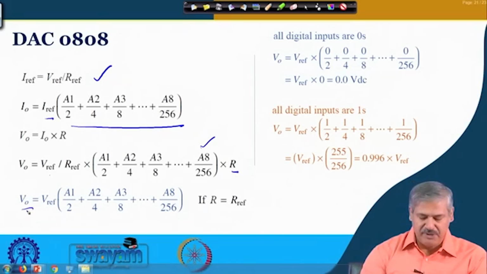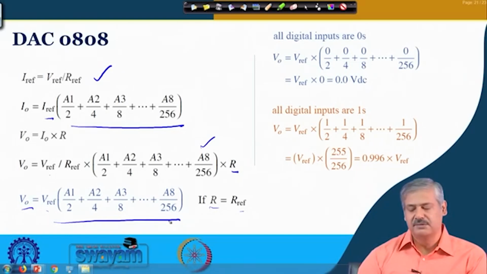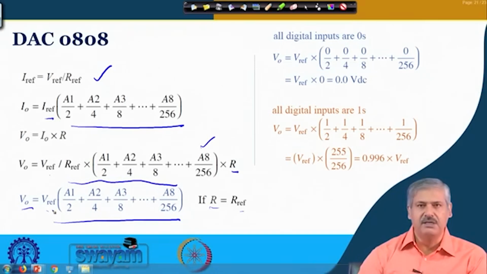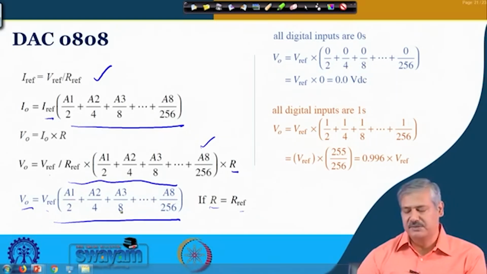So, finally, if R is equal to R reference, V naught is equal to V reference times this. Is it clear? This is the corresponding DAC analog output depending on the digital input that you place at the input side, A1 to A8, in 8 bits.